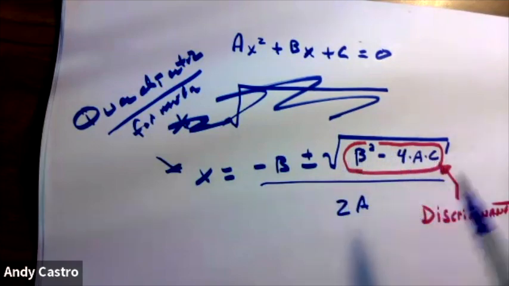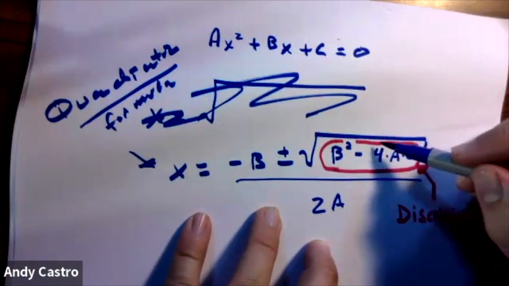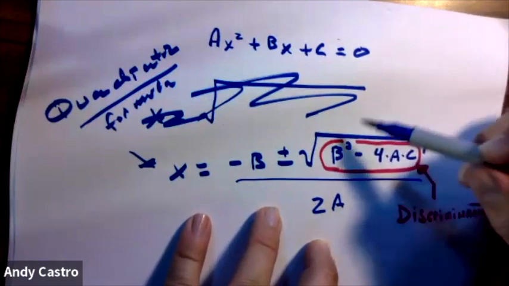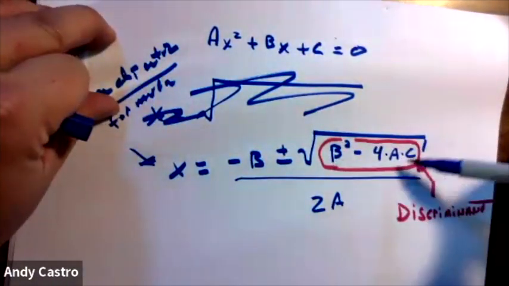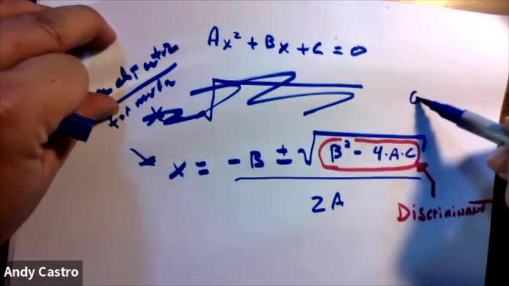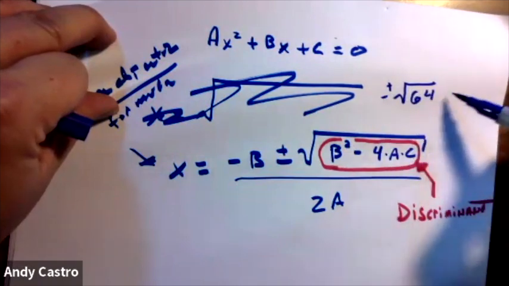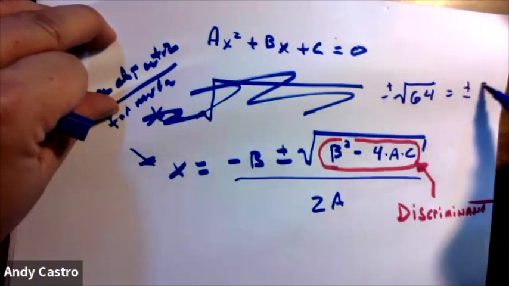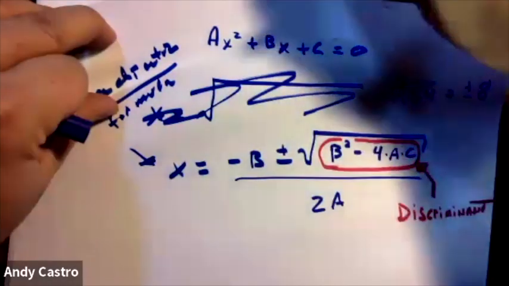Okay. As we saw in our time period last time, this could be a perfect square. Given the numbers up here, we could look at the discriminant, and it could be that this executes to, let's say, 64, to where when you take the square root of 64, you're left with 8, right? Plus or minus 8.